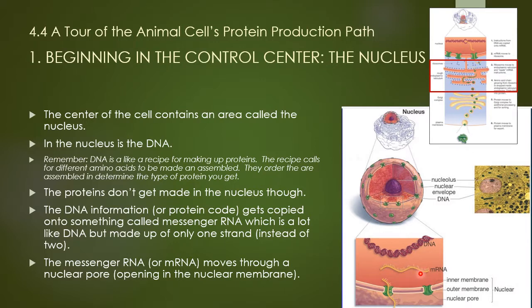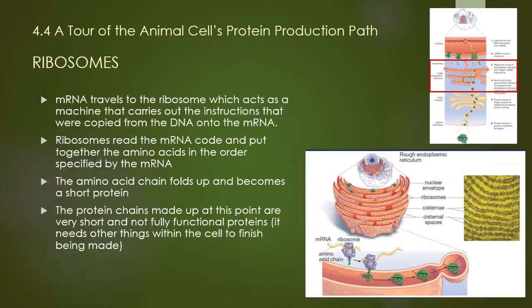mRNA is simply one strand, but then that mRNA has the ability to leave the cell through what they call a nuclear pore. These are just holes or openings in the nuclear membrane, or that membrane surrounding the nucleus. And your DNA is not allowed to leave the nucleus, but mRNA is allowed to leave through these pores.